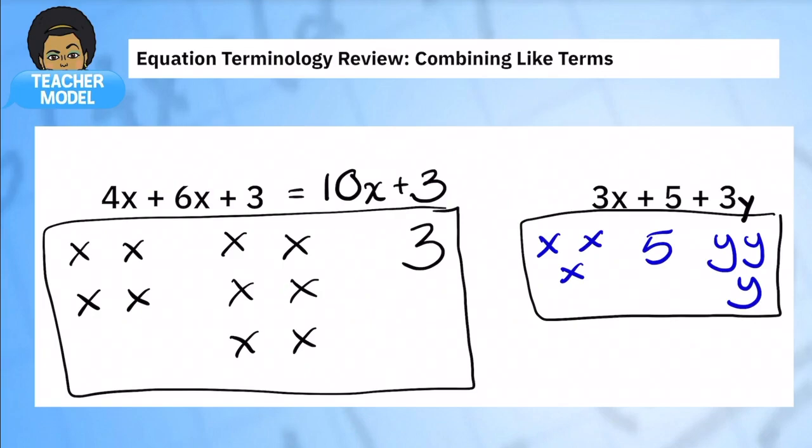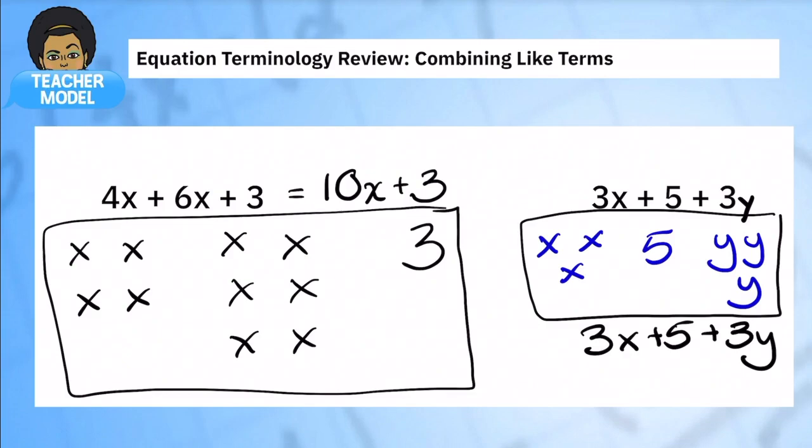There's nothing to combine together. I still have 3 x's, I still have 5, and I still have 3 y's. I can't combine my x's and my y's because although there are numbers, they have different values. They absolutely do. If they had the same value, we would have to use the same variable.